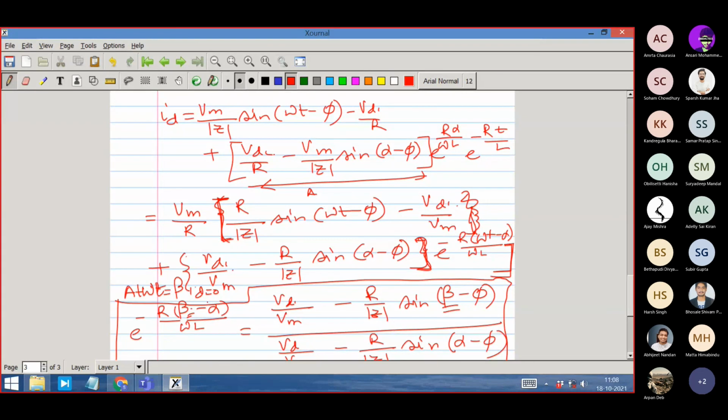Okay. So I have talked today about how to solve for discontinuous conduction. The advantage is that at the time you are firing, or at the time when the input AC voltage magnitude is equal to the DC voltage, the current is 0, which is clearly available to you from the simple expression Vm sin omega t equal to Vd.